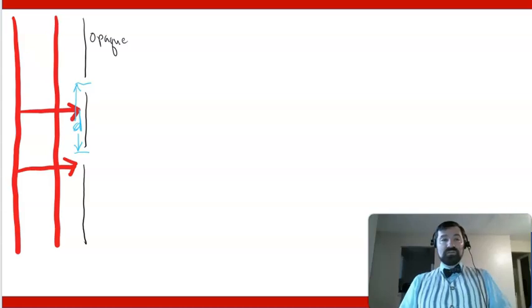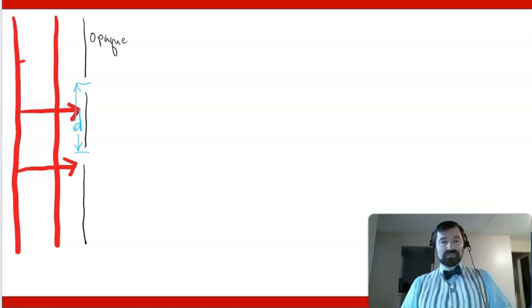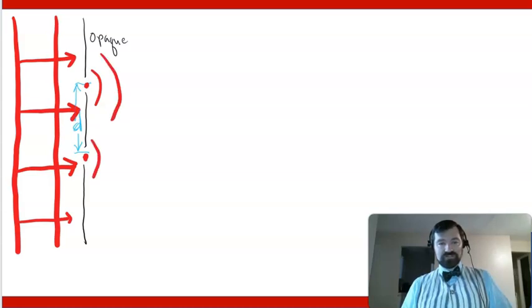Okay, and then when the light hits these slits, it basically passes through them, and it only really can pass through this area here and this area here. So these two slits allow light to essentially leave from the slits.